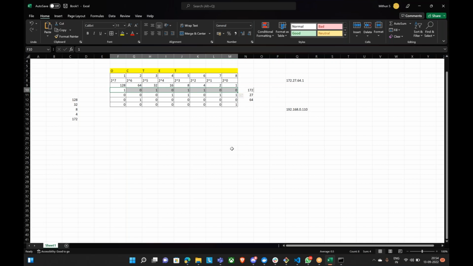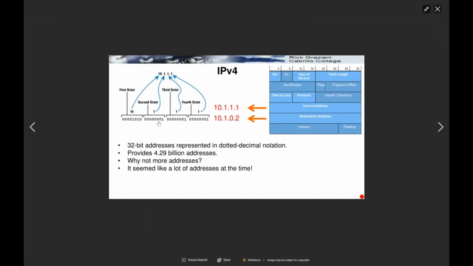So this is a complete IP address represented in binary. Is it clear? Like this. If I write it like this, it will be very big. Clear?